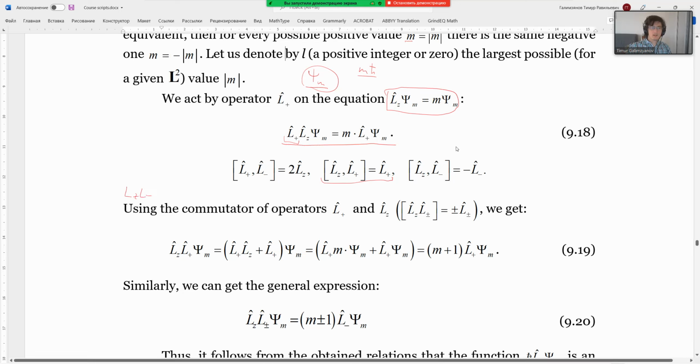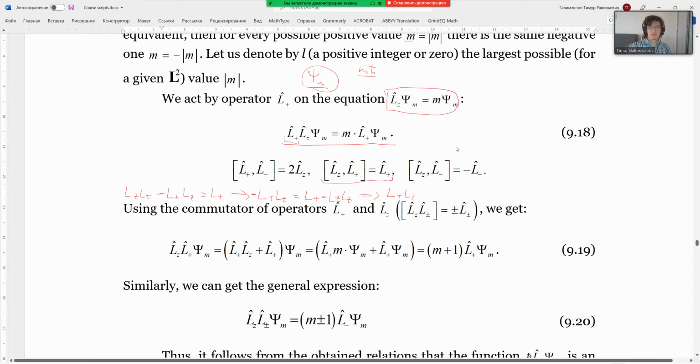Lz L plus minus L plus Lz equals L plus.